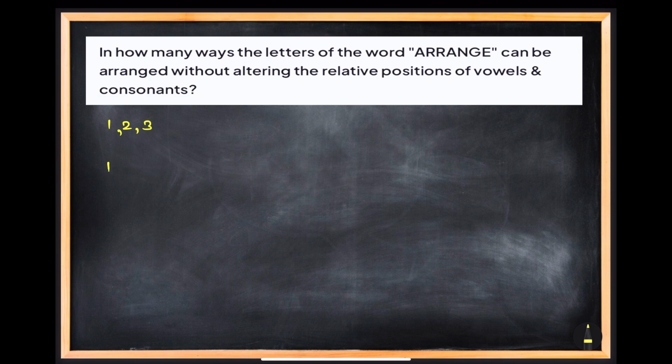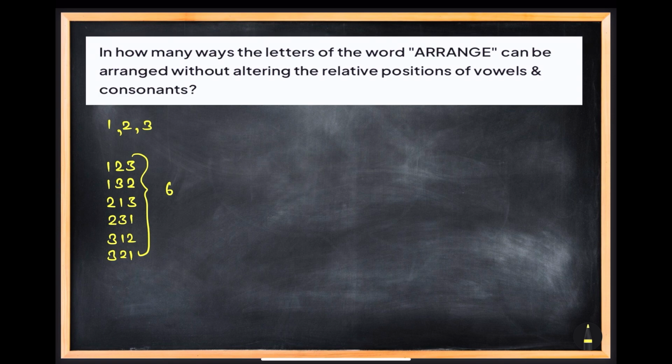Can I go with 1, 2, 3? 1, 3, 2, 2, 1, 3, 2, 3, 1, 3, 1, 2, 3, 2, 1. So how many numbers can we create? 6. So this is one of the ways.